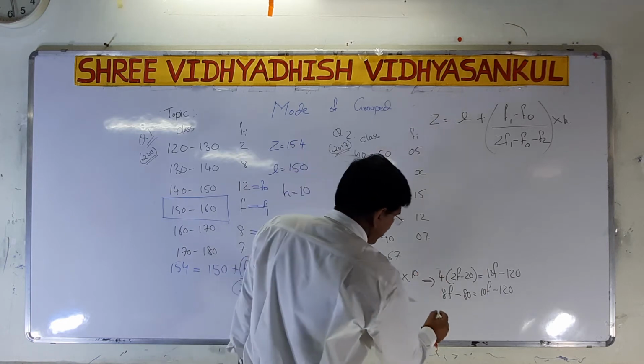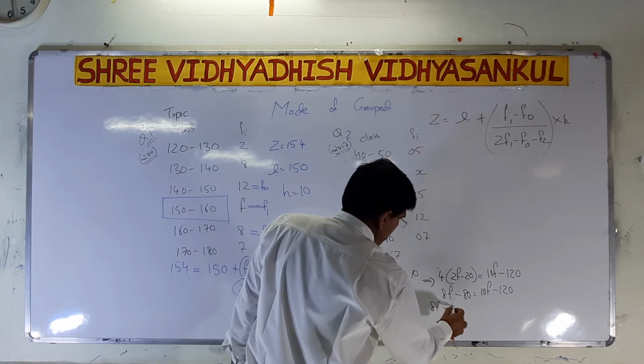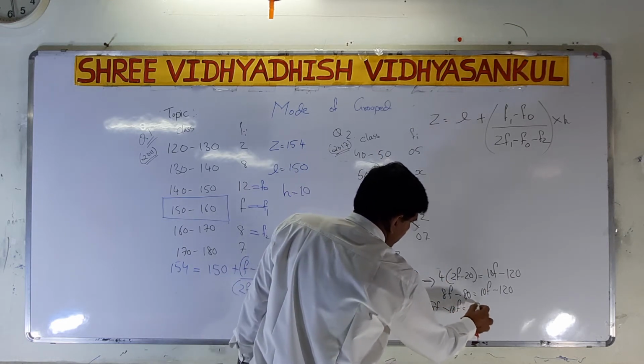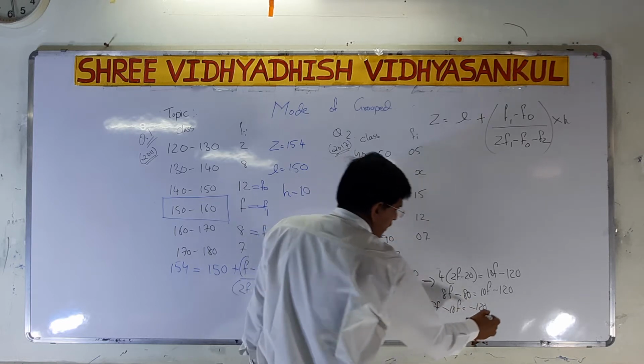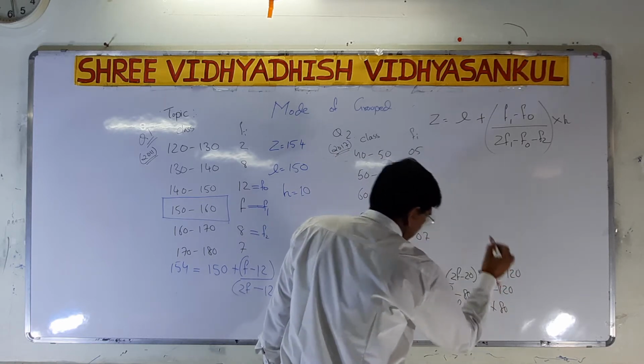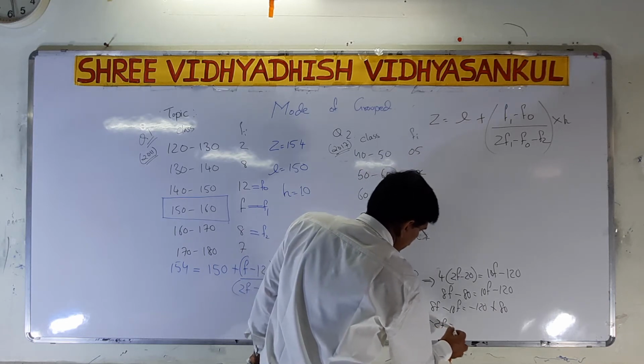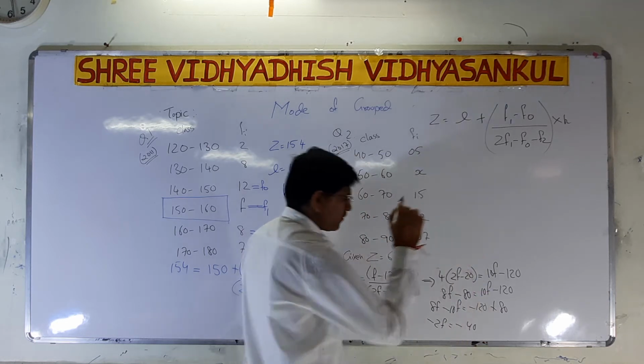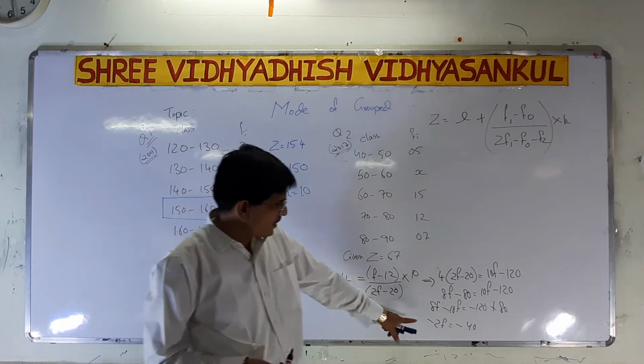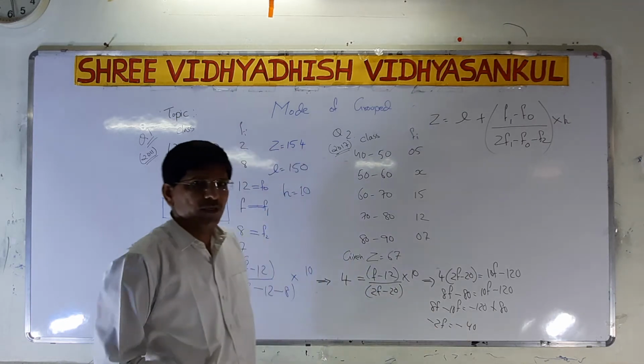Simplifying, 8F minus 10F is equal to minus 120 plus 80. So minus 2F is equal to minus 40.